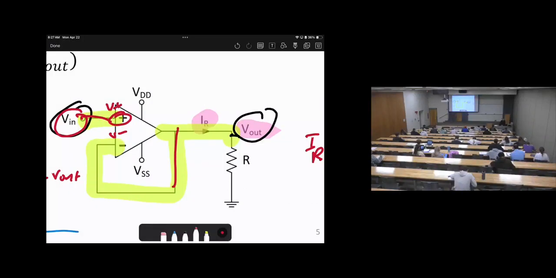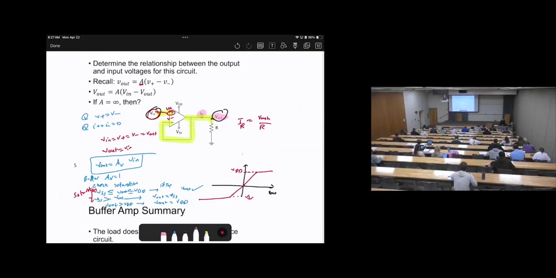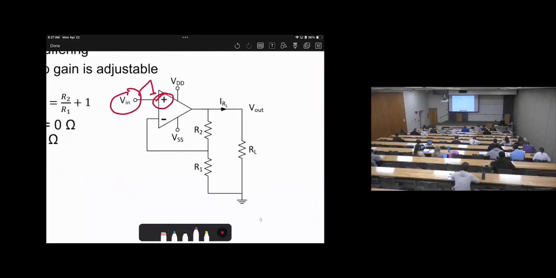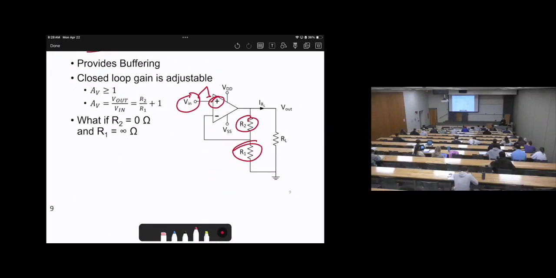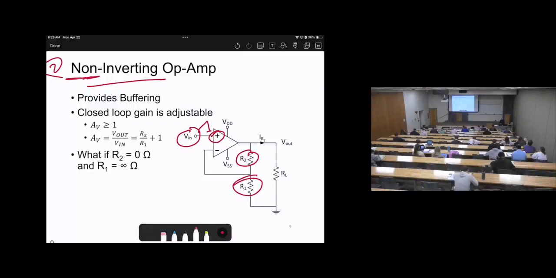You look at the feedback, no resistors. Here, there are two resistors. That's the difference. If R2 and R1 are both zero, then this yields a buffer circuit. Or if R2 is 0 and R1 is an open circuit, this yields a buffer circuit.